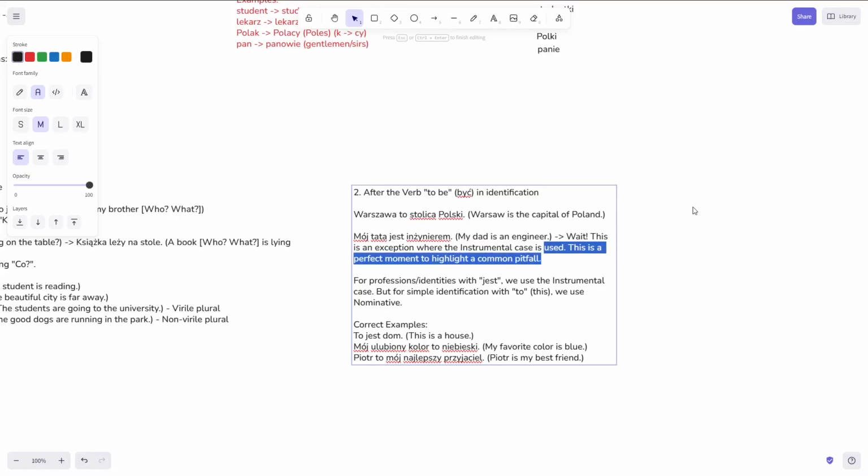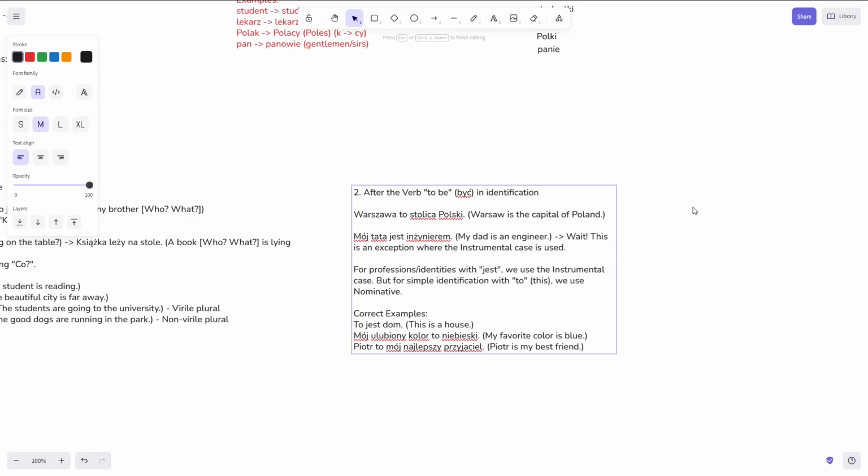So this is the actual common pitfall. For professions or identities with the verb jest, we use the instrumental case. But for some simple identification with to, the this, it, we use the nominative case. Okay?